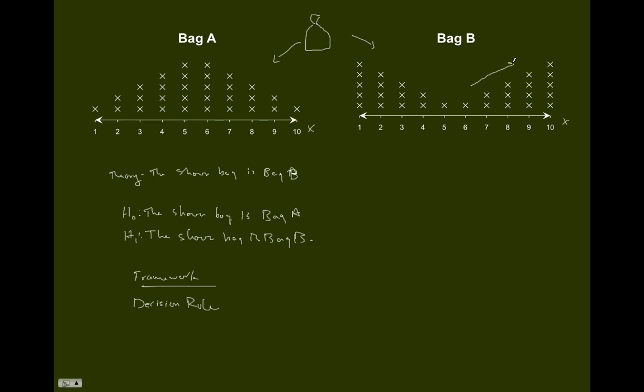Notice as x increases, the frequency increases for bag B, and as x decreases, the frequency increases again for bag B. So large values and small values are common for bag B. At the same time, as x increases, the frequency decreases, and as x decreases, the frequency also decreases in bag A. That gives us this two-sided direction of extreme.